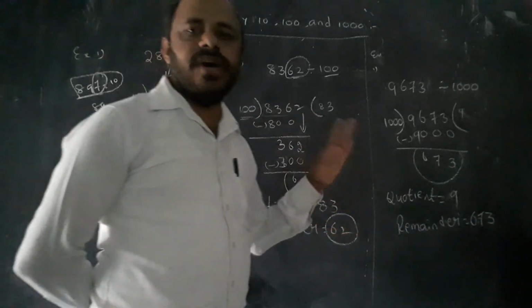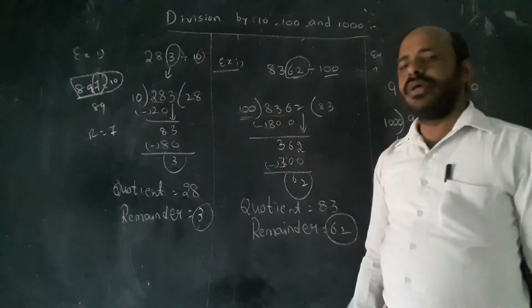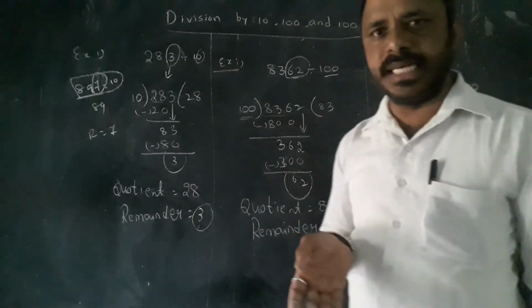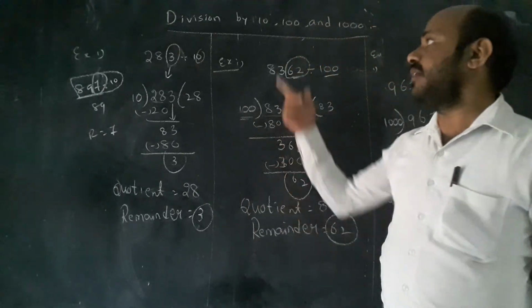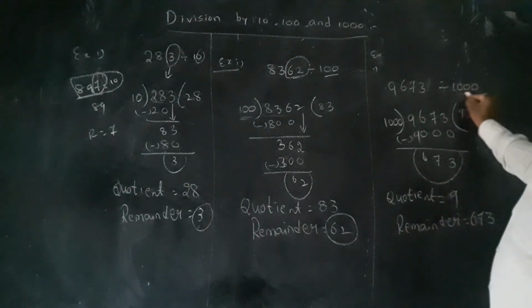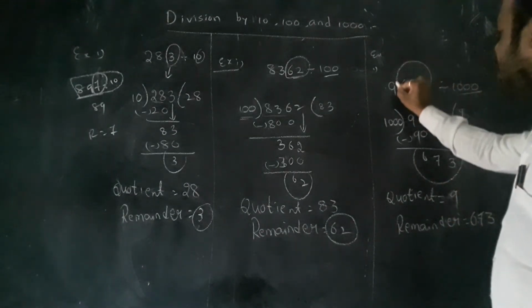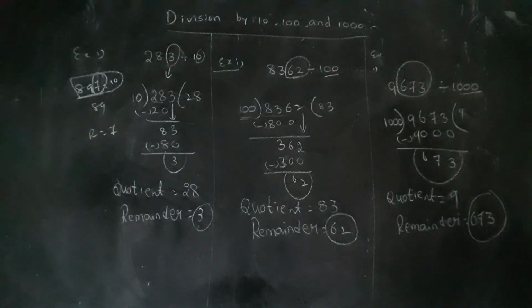Any number also, 5, 6, 7, 8 digits, if any digit number also, take out the last 2 digits, that is the remainder of the division by 100. See here, 1000 has 3 zeros, then we got the remainder also the same, the last 3 digits, that is 673.